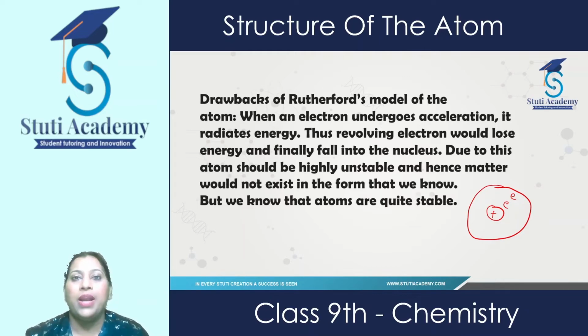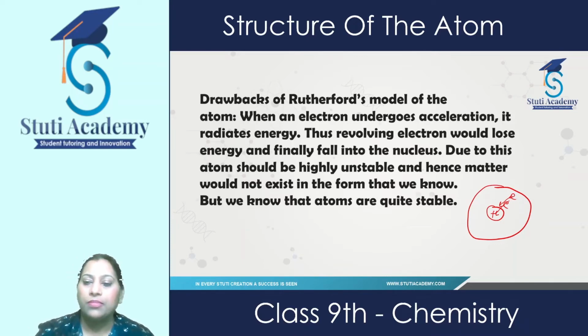If they were radiating energy, it is obvious that they start moving towards the nucleus. And if they start moving towards the nucleus, they merge into the nucleus and the atom becomes unstable. But it is not true. Atom is stable in nature. So that's why his model was not completely accepted.